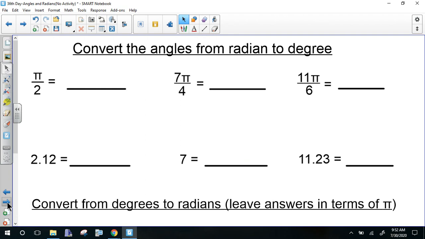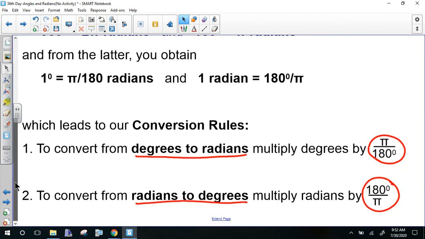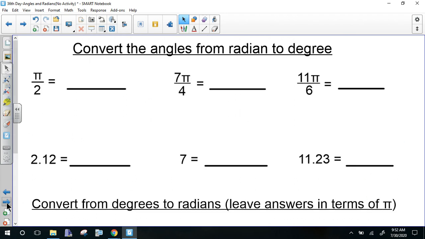So let's convert the angles from radian to degree. If I go from radian to degree, I'm going to multiply by 180 over pi. All right. So I've got pi over 2. And if I multiply by 180 over pi, what happens to the pi's?